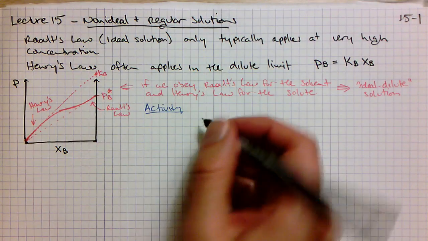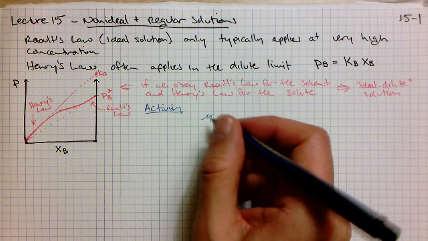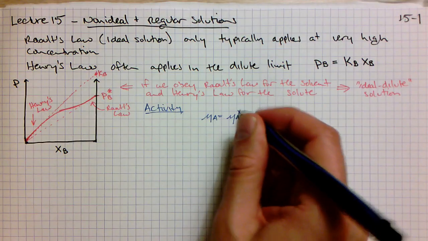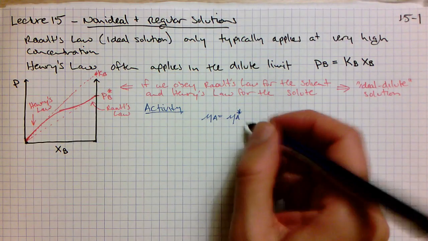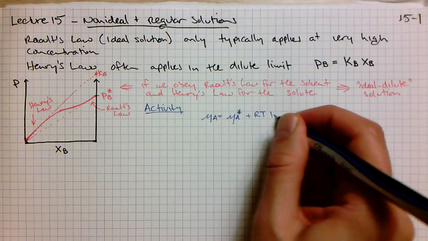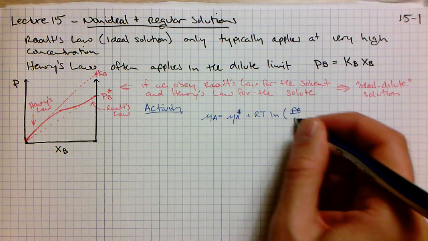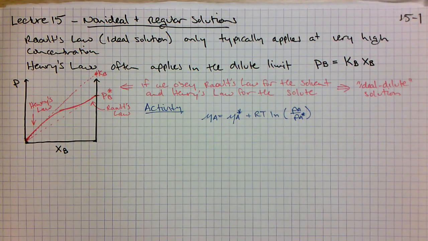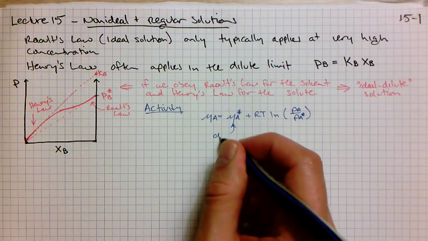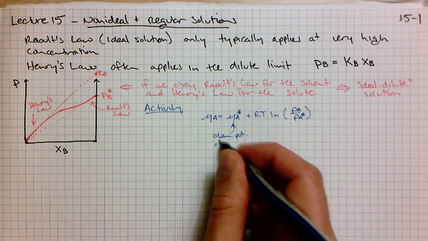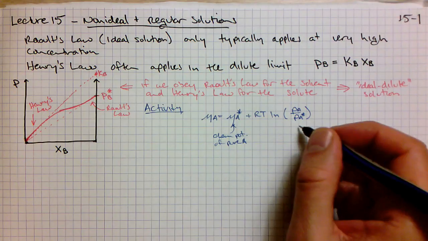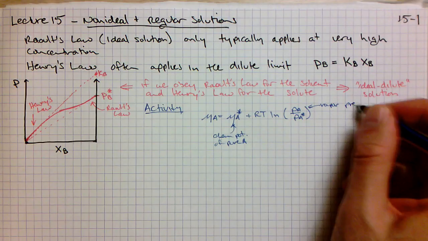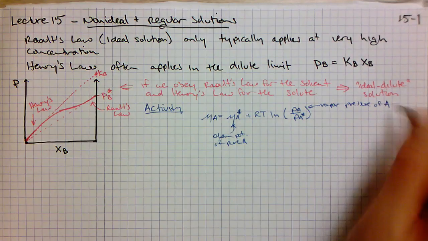We know that for any general chemical potential, we can write the chemical potential of, let's say, species A as the chemical potential of pure A plus RT times the natural log of the partial pressure of A over the partial pressure of pure A. So this is the chemical potential of pure A, and this is related to the vapor pressure of A.